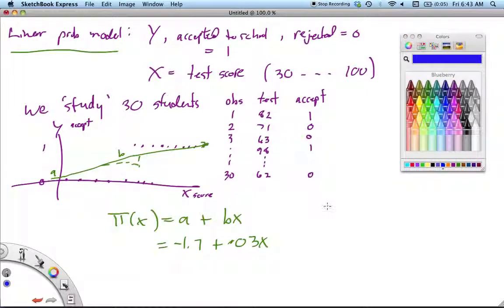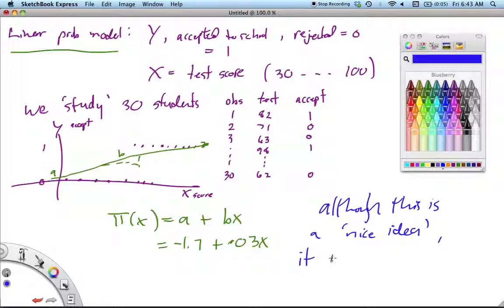Okay, so we can see that, basically, what have we learned here? Although this is a nice idea, it is flawed beyond all hope.